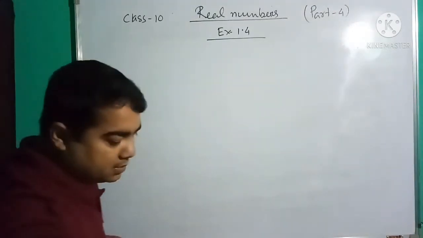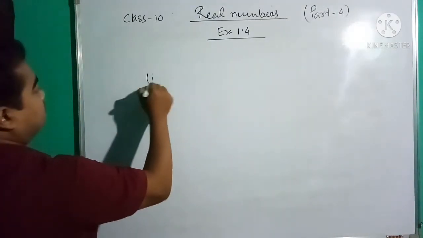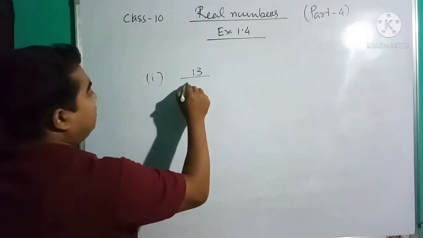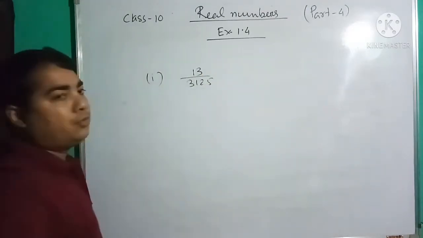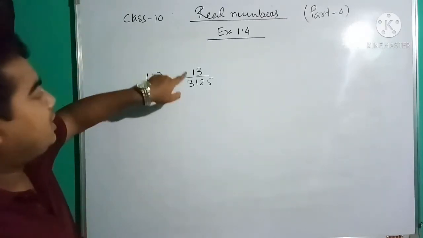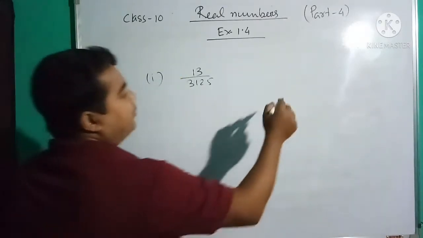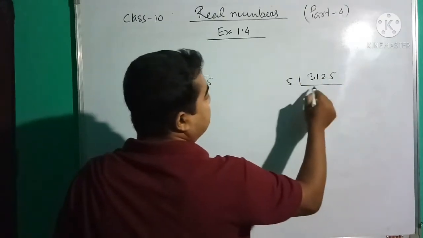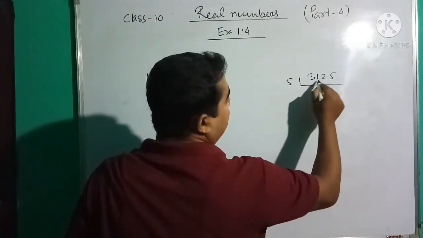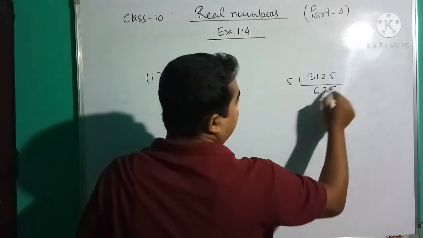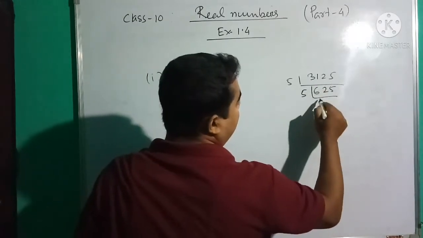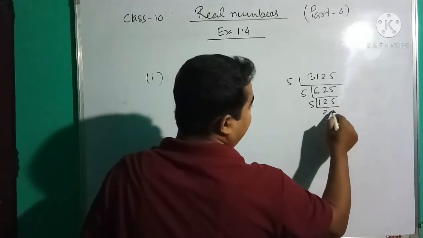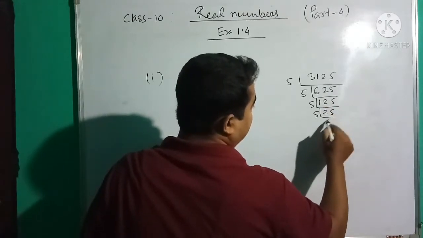Now question number 1 of exercise 1.4. Question number 1 is 13 by 3125. Now we need to say about its decimal expansion. First factorize the q value, q meaning denominator. 5 6s are 30, 5 2s are 10, 5 5s are 25, 5 5s are 25, and so 3125 is 5, five times.